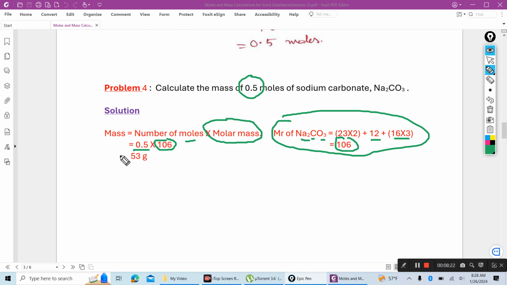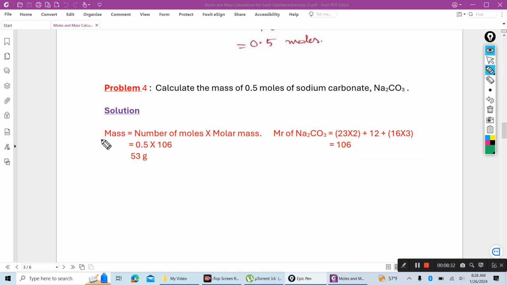If you multiply 0.05 times 106, you will get 53 gram. Mass equals number of moles times molar mass.